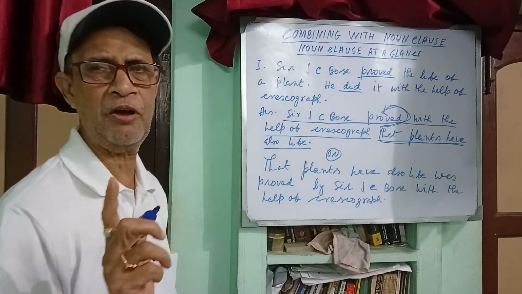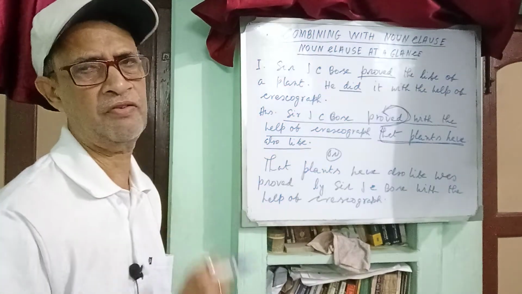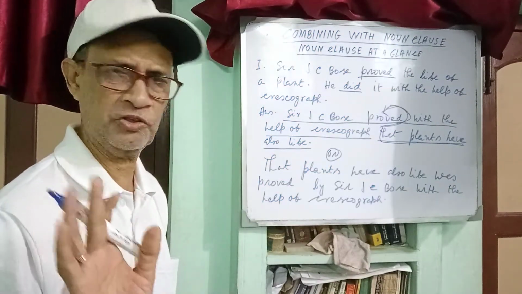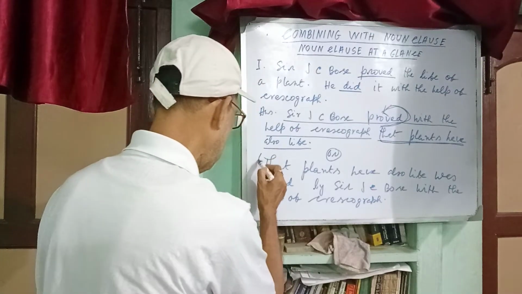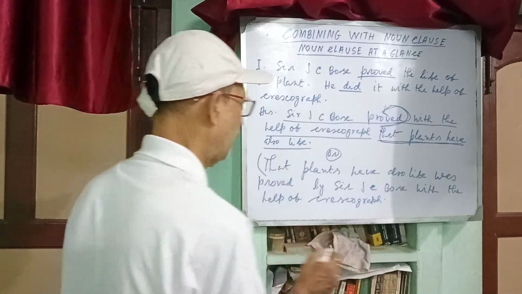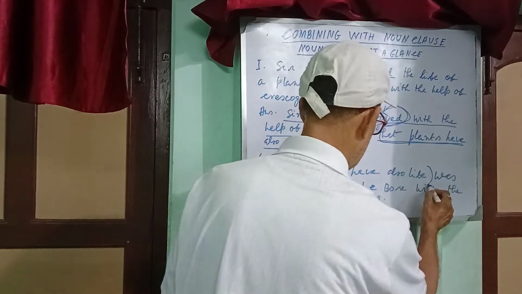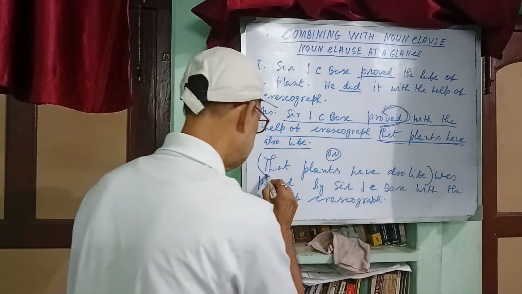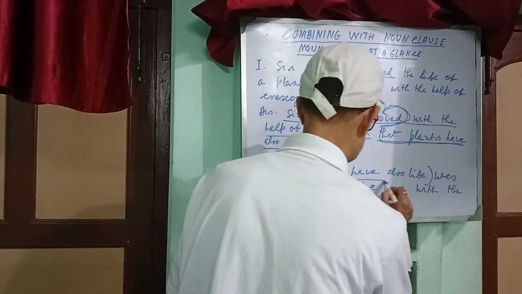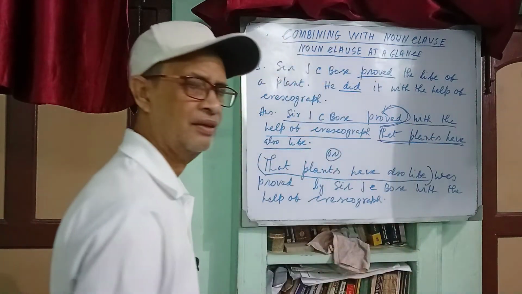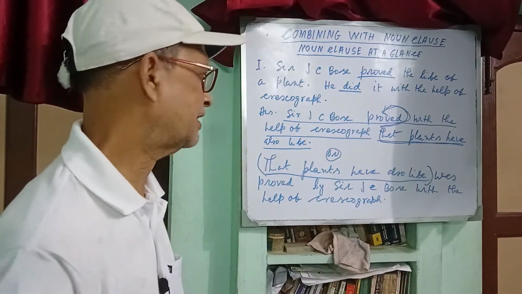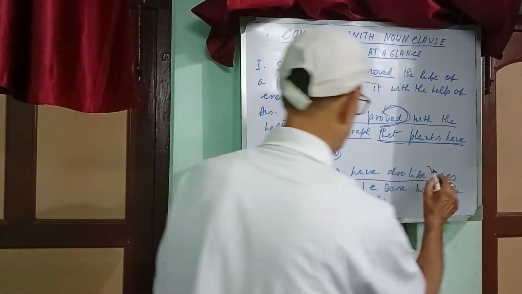Now it is an example of subject to the verb, but noun clause. That plants have also life. This portion is acting as the subject. Whose subject? Was proved.